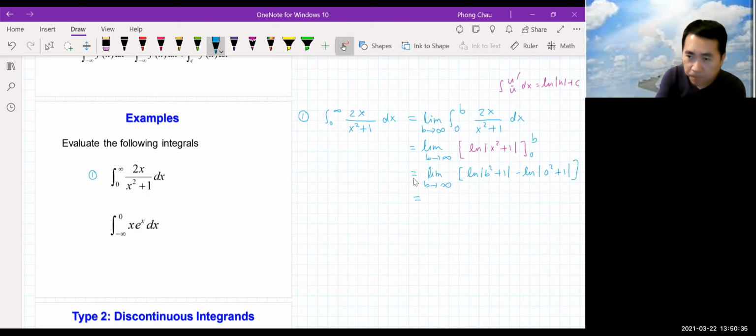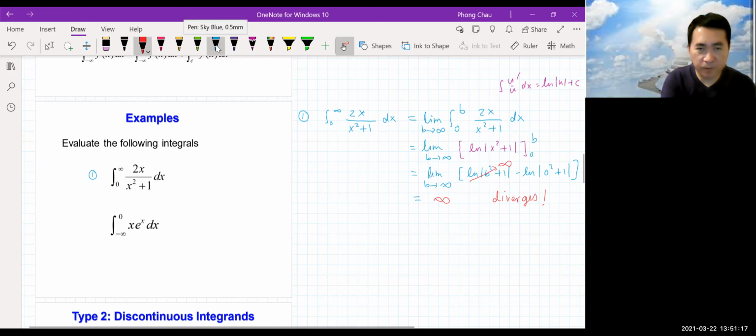Notice that as b approaches infinity, this constant approaches infinity, this number gets larger and larger, so the natural log approaches infinity. We don't have a problem with the second term, natural log of 1 is 0. So as b gets larger and larger, the whole thing gets larger and larger, so it approaches infinity. And in this case, the integral diverges.